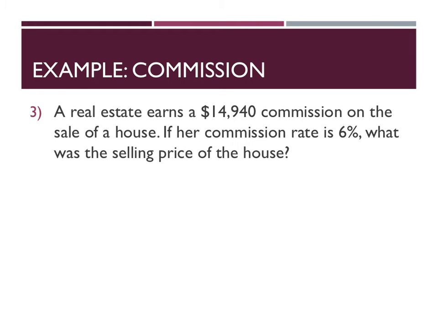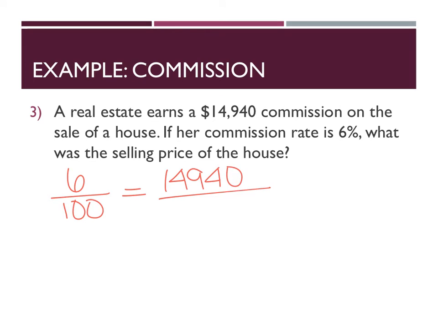Here we're going to look at commission. We know how much commission this real estate agent is earning: $14,940 on the sale of the house, and the commission rate for this agent is 6%. So what was the selling price of the house? We're going to do 6 over 100 equals the commission over the sale price.